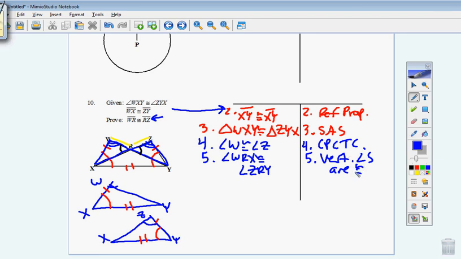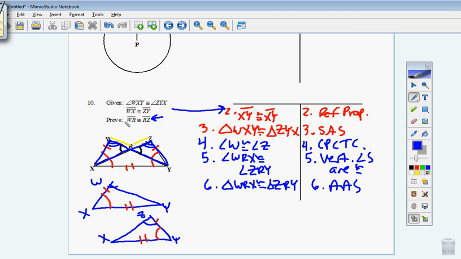So now that I have stated that the vertical angles are congruent, I can look at my two smaller triangles outlined in blue, and I can notice that, okay, I have angle, side, angle, angle, angle, side. So since I have angle, angle, side, I can say triangle WRX is congruent to triangle ZRY by angle, angle, side.